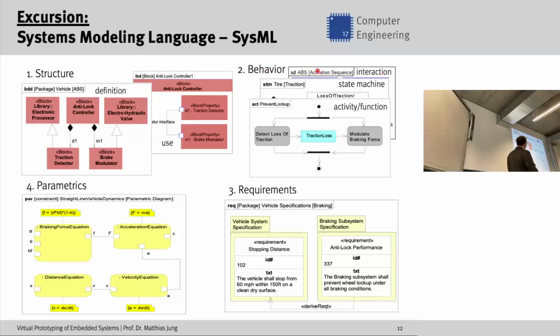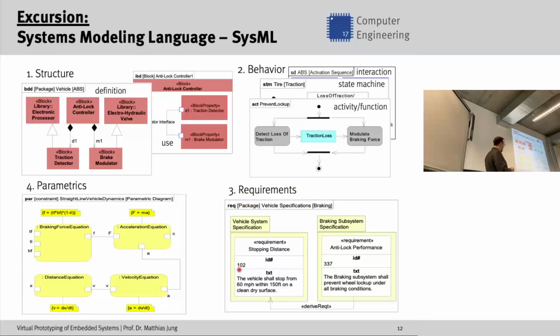Actually, I don't know exactly what that is, but state machines and activity is clear. And then you can model more physical things with parametrics.